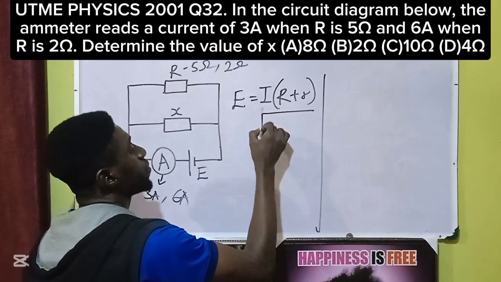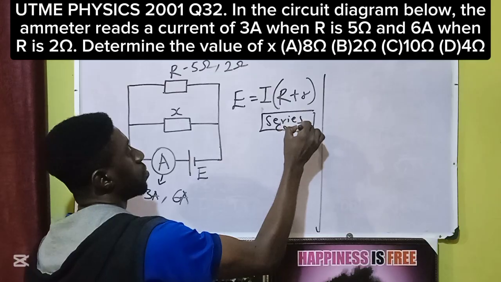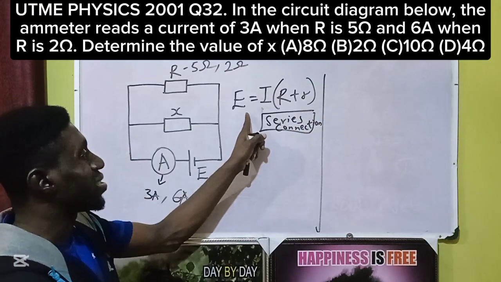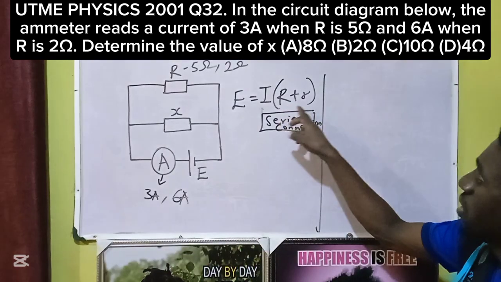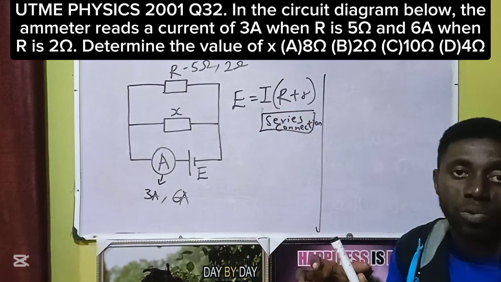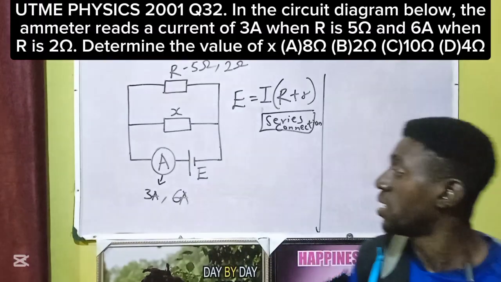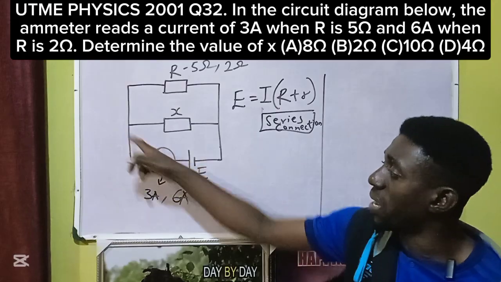However, this formula is for series connection of resistors. You can see that in the brackets. In series connection, we're adding up the resistance to get the effective resistance. But notice our diagram.